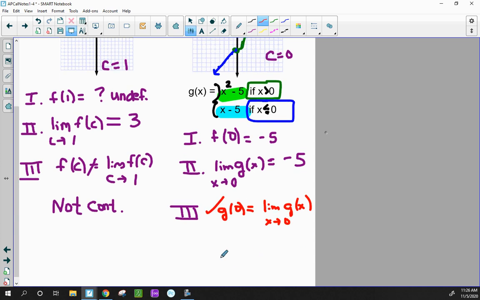We are allowed to say this graph is continuous, and it's continuous at that location.